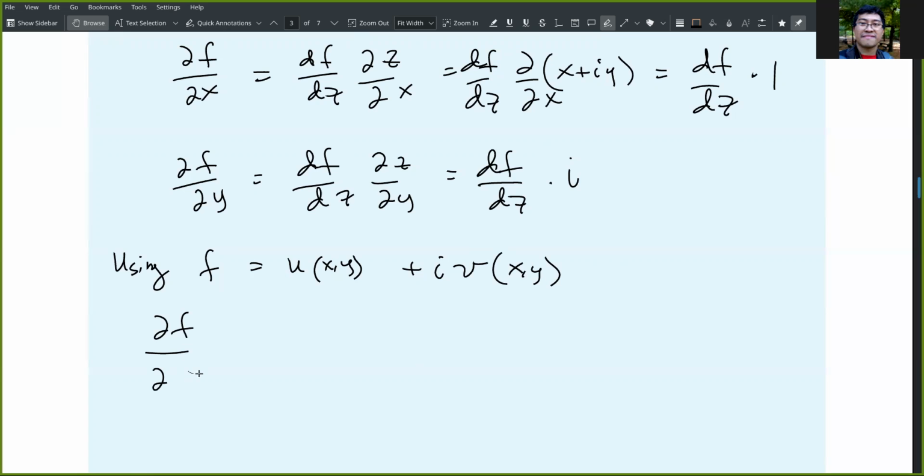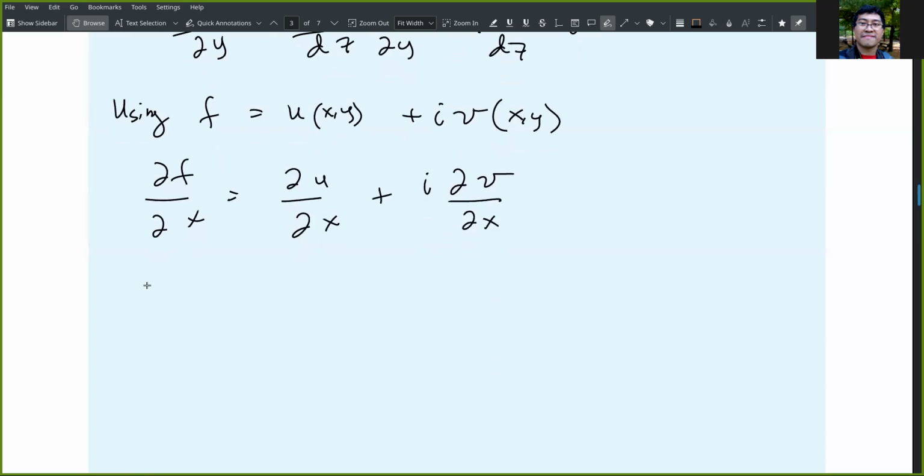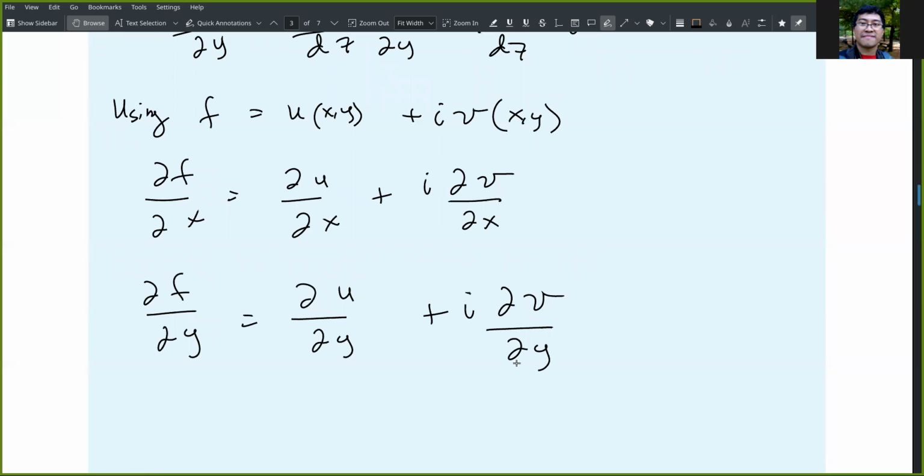The partial derivative of f with respect to x is simply partial u with respect to x plus i partial v with respect to x. The partial derivative of f with respect to y is partial u with respect to y plus i partial v with respect to y.